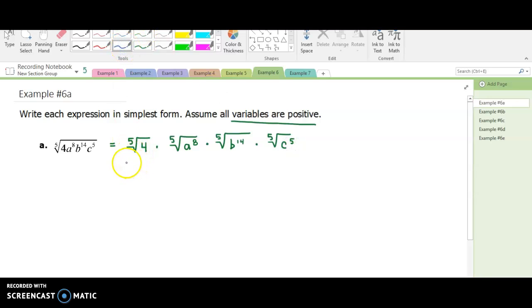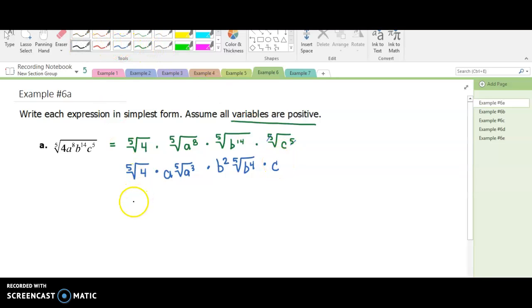Okay, now the 5th root of 4, that doesn't simplify. Okay, times, well, this is just a times the 5th root of, there's 3 left, a cubed. This is b squared, so it would take 10 of those, 5th root of b to the 4th, times, well, c and c, or 5 and 5, it just leaves a c.